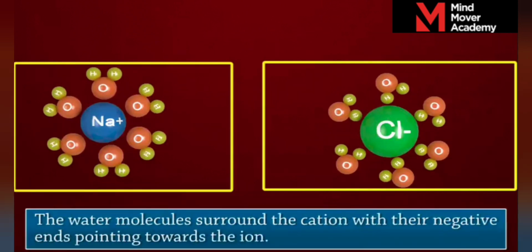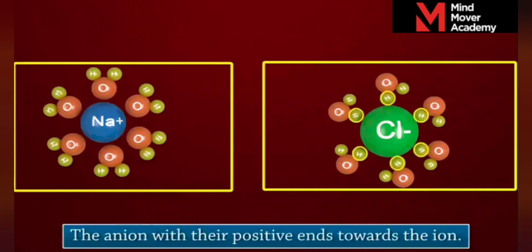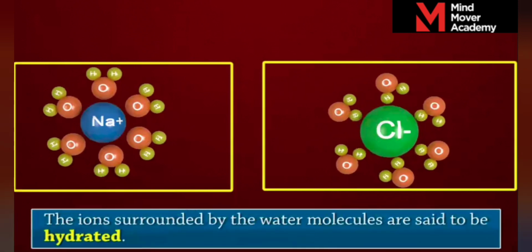The separated ions get surrounded by a large number of water molecules. The water molecules surround the cations with their negative ends pointing towards the ion, and the anion with their positive ends towards the ion. The ions surrounded by the water molecules are said to be hydrated.